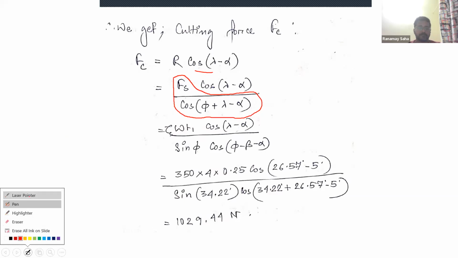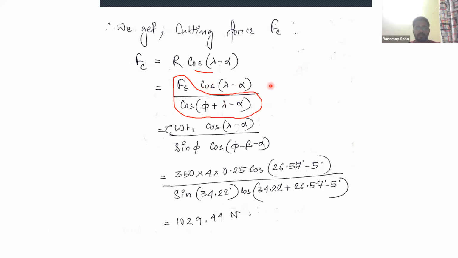So using that, you can find out the cutting force. You plug in all the values. Fs is also the shear strength into the shear area, which we have already discussed. So plug in the value of shear force, and then we have all the angles available now.